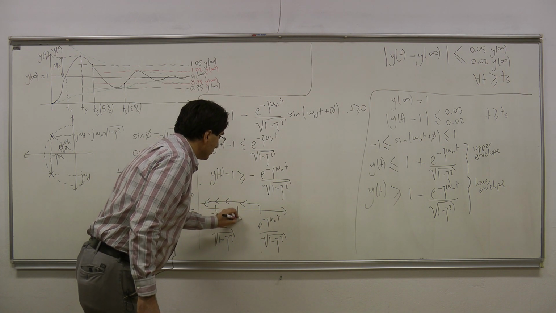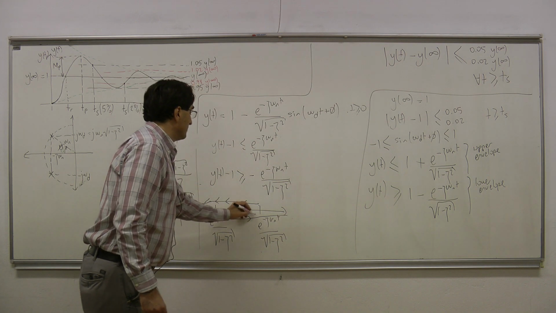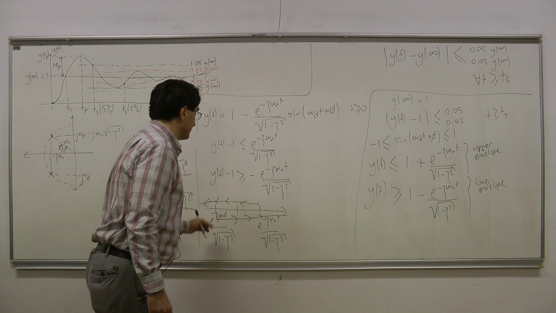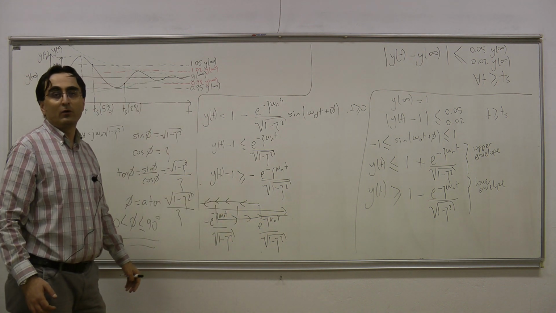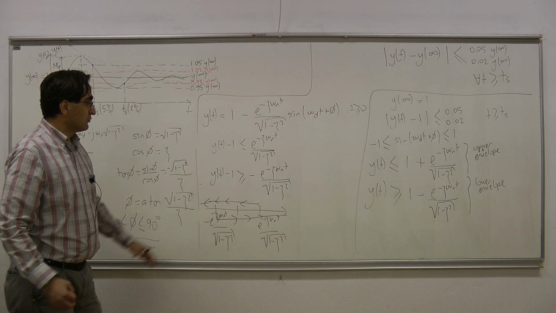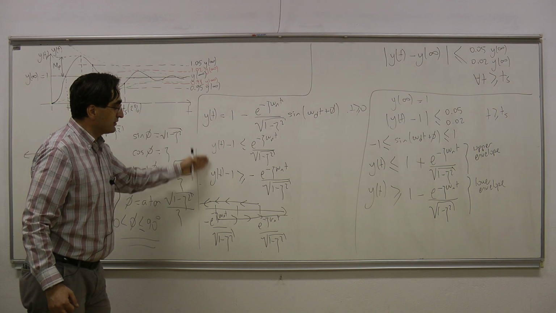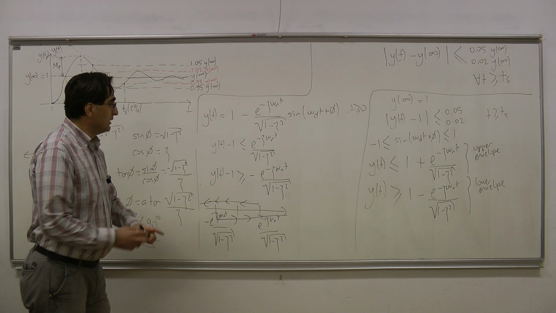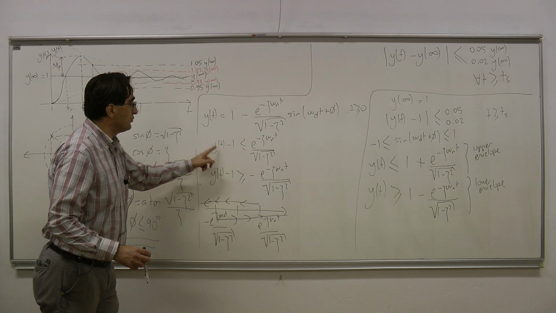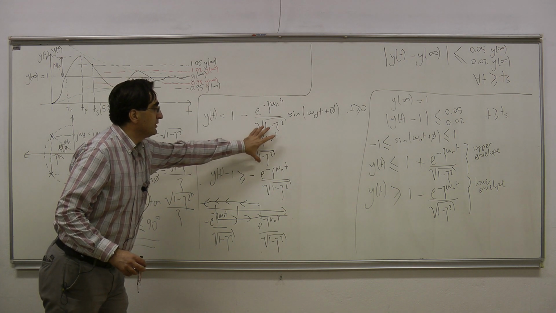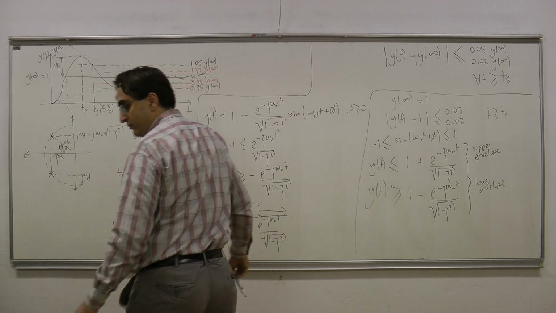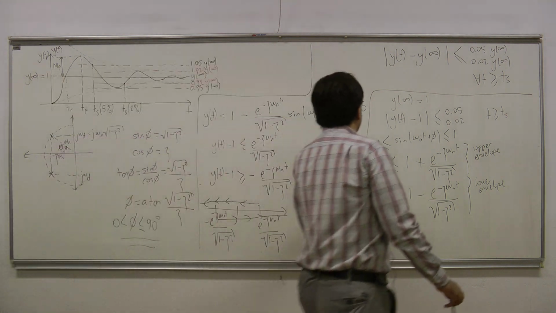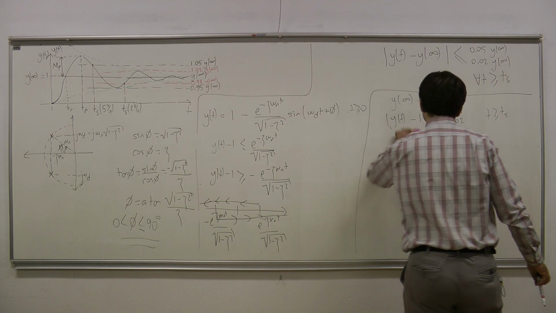So the second equation tells us that our number y of t minus 1 is lying in that region. What is the intersection of those two regions? So if both of these inequalities are satisfied at the same time, then the absolute value of y of t minus 1 should be smaller than or equal to this decaying exponential. Okay? That is what I'm going to write here.